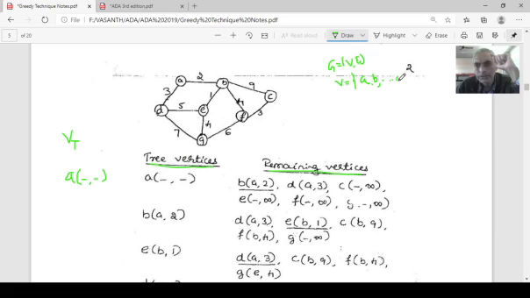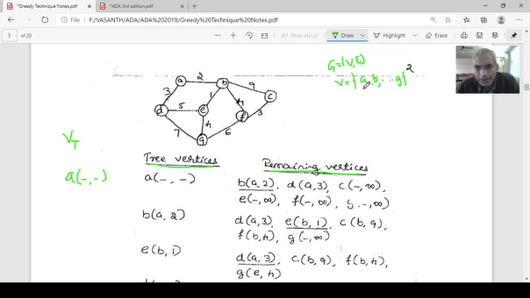So at the starting phase, or the first step, you start with an arbitrary vertex A. Now you add this A to your VT. Initially, what will be the set of all vertices in your spanning tree? It will be a null set. No vertices are there.